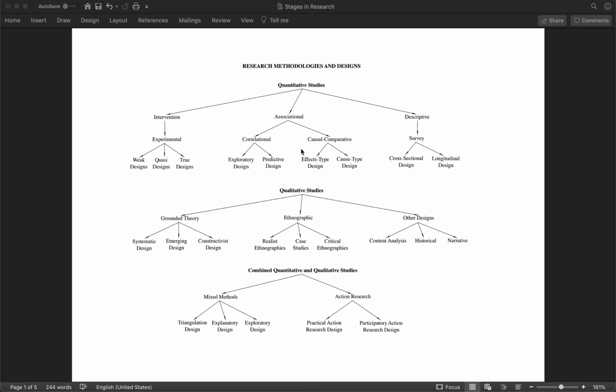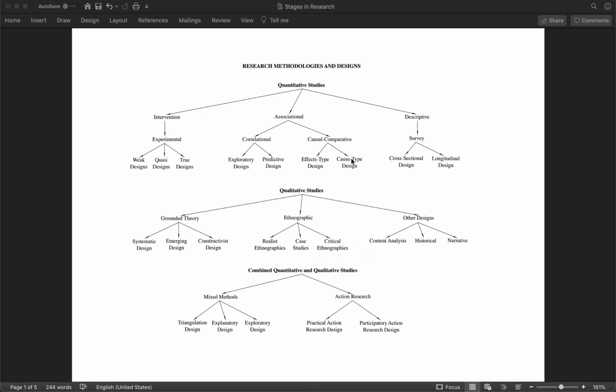A causal comparative is a better associational design. It's more robust to see what the effect or the cause is in more detail. It's stronger than a correlation. You're not looking at correlation; you're actually looking at what the effect is of a particular variable on another variable.